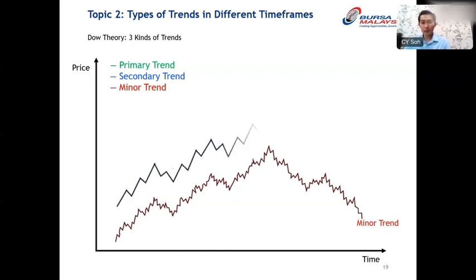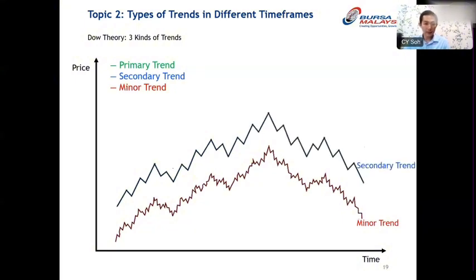Secondly, the secondary trend, which is the blue line, is looking at the weekly changes. If you look at the weekly chart, the trend seems a little bit clearer and does not have too many fluctuations, so it's easier for you to identify where the market is heading based on the weekly chart.